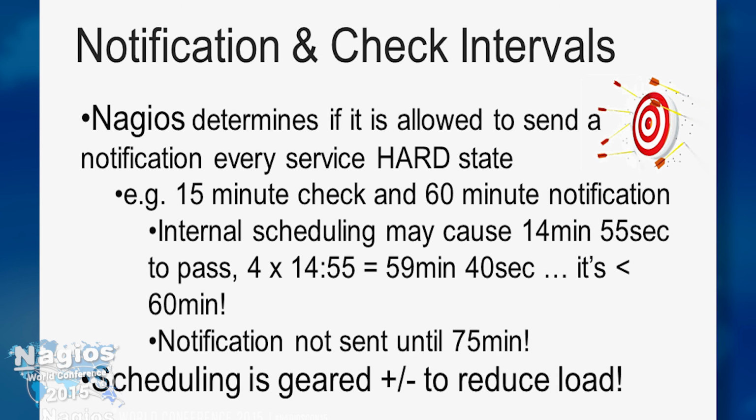You can get instances with notifications and check intervals where, if I take a step back for a second, Nagios determines when it should send a notification every time a service check is in a hard state and it executes. If you have similar notification intervals and service check intervals, you can have scenarios where you might fall short of the next notification window by 20 seconds, which means it might be another 15 minutes before the actual notification is sent.